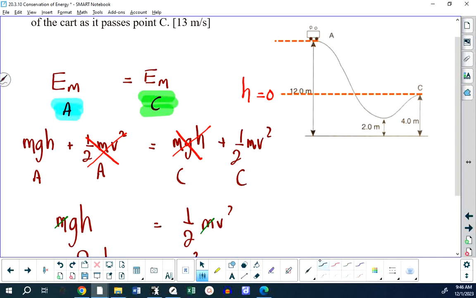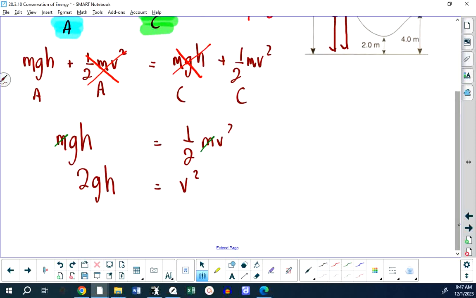If this is 4 meters to here, and it's 12 meters all the way to the top, then this distance plus the 4 has to give you the 12. In other words, it's 8 meters. So you can finish the problem now by putting in 8 meters for h. You know what g is, you know what 2 is, obviously, and then calculating v. Does that do it for you? Okay. Other questions?